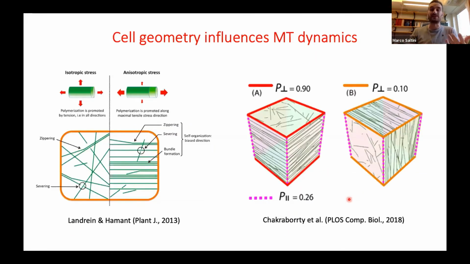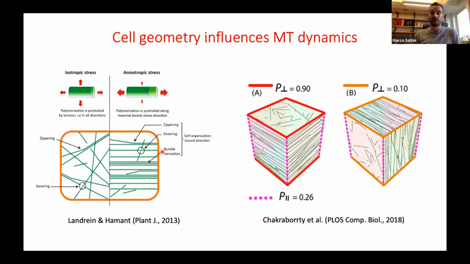It is now accepted that cell geometry can influence the dynamics of microtubules. Indeed, a work from 2008 from our host Olivier Hamant showed that microtubules in cells tend to align along the lines of maximal stress.